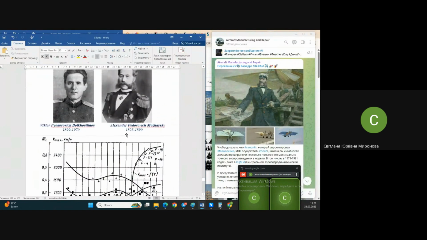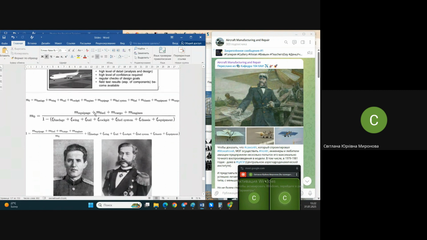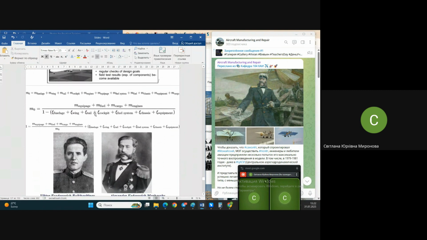Once again, this equation of mass balance is actually based on the idea that the whole weight of a craft consists of some components, and we may talk about the so-called relative weight of each component, and altogether they are compulsorily equal to 100%, or usually it's shown as one, with Greek letters used for designations of those things.